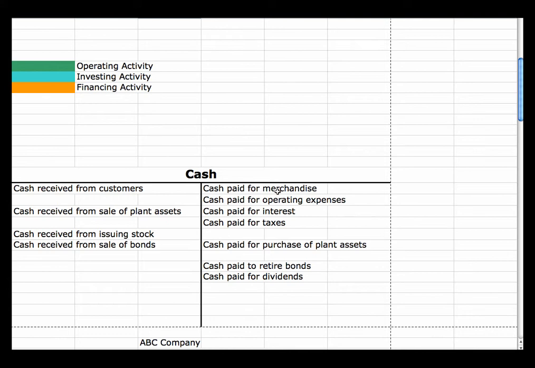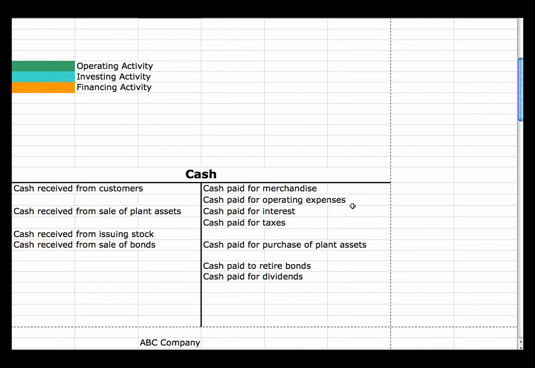Cash paid for merchandise is where you have paid your vendors for goods and services, and you either paid those vendors in cash or you paid them later through accounts payable. Same thing here with cash paid for operations. Cash paid for operating expenses are typically things like utilities and rents and other types of expenses that are on a day-to-day basis, so therefore it's part of your operating activity.